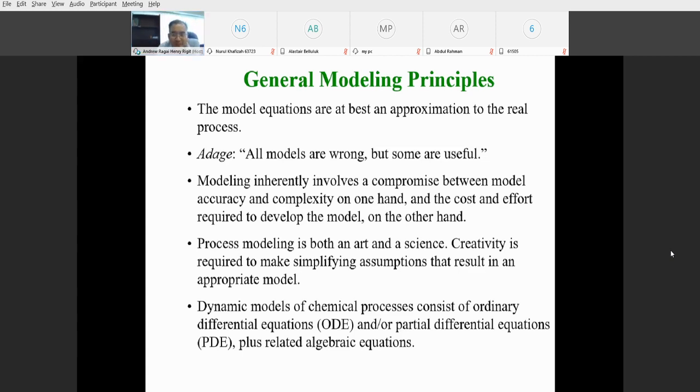So far so good. Is it too complex for you? As you probably notice, when we're talking about the mathematical model, we are actually covering the topic of differential equations, ordinary or partial differential equations.